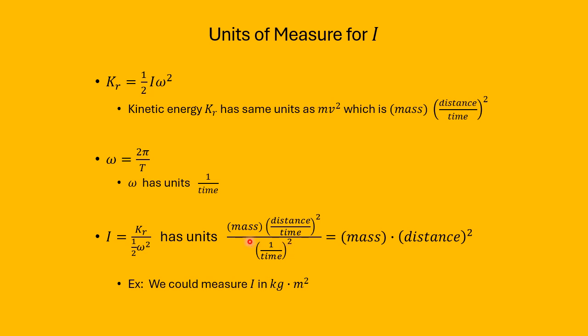We could be measuring mass in grams, distances in meters, time in seconds, for instance. But if you look at this, there's some cancellation going on. It can be simplified to mass times a distance squared. For instance, we could measure the moment of inertia in units of kilograms, which is a mass, times meters squared, which is a distance squared.